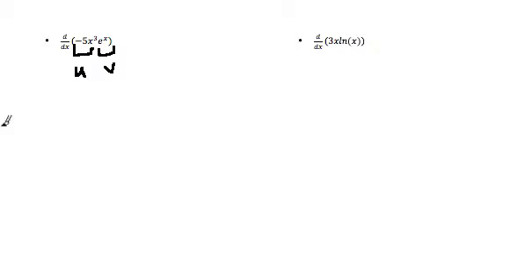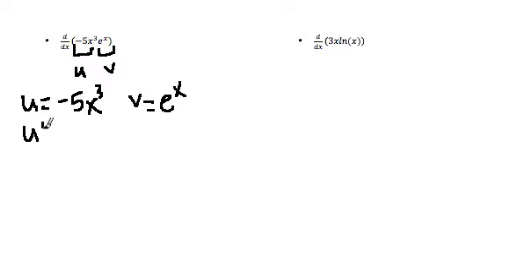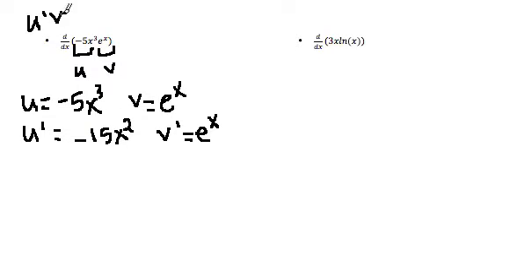So u is equal to negative 5x to the 3rd, and v is equal to e to the x. U prime, using my power rule, is negative 15x squared, and then v prime is e to the x. Remembering that all we had to do was u prime v plus v prime u, now we'll just combine them together.